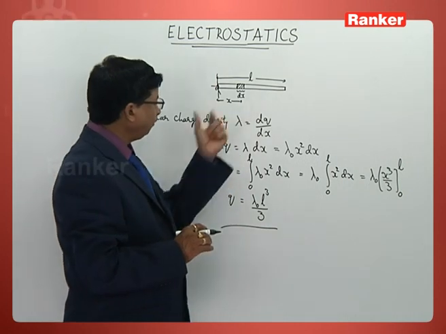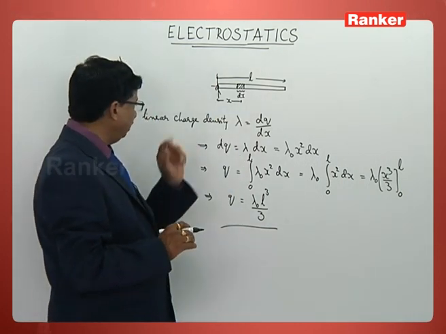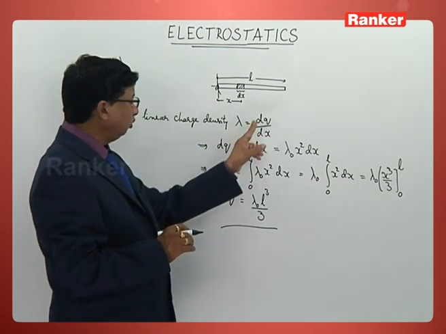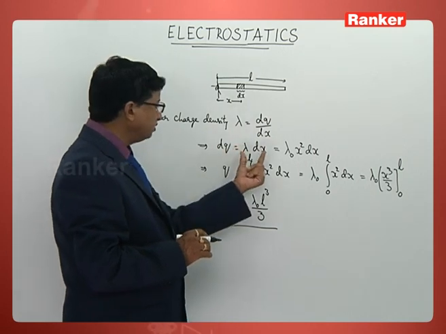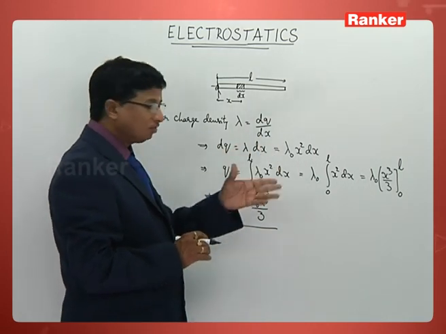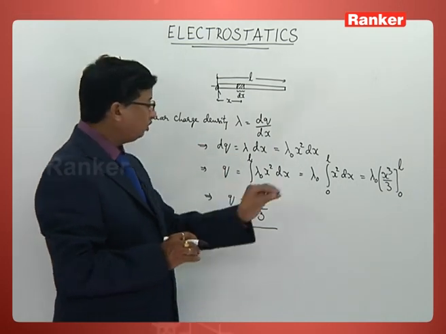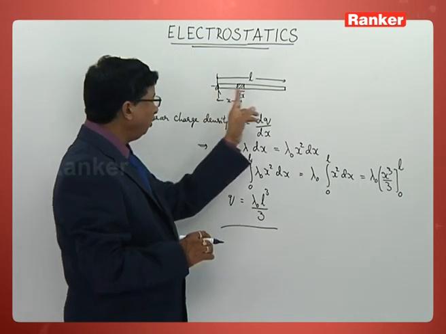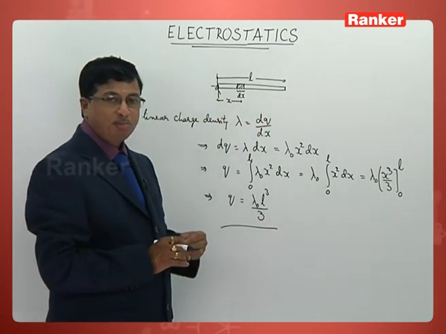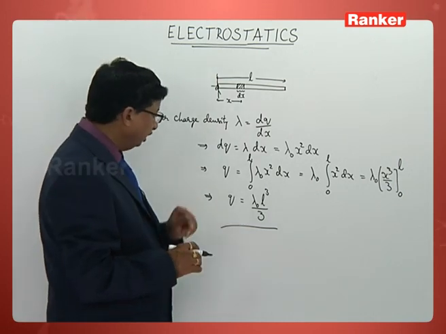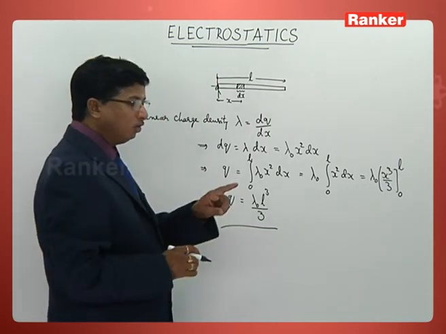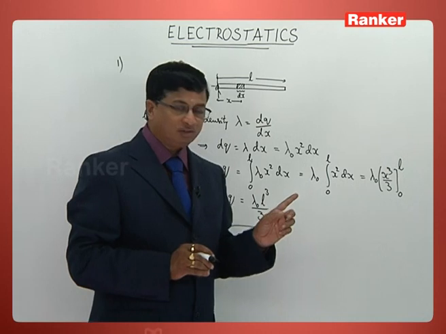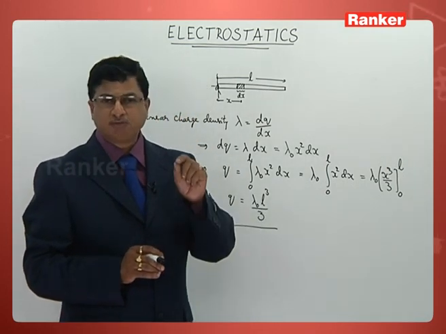Taking this distance as x, according to the formula, linear charge density lambda is dq over dx, so dq becomes lambda dx, but lambda is given as lambda naught x square. Substituting that value and integrating between the limits 0 and L, we get lambda naught L cube by 3. Of all the 4 options, this coincides with the very first option.